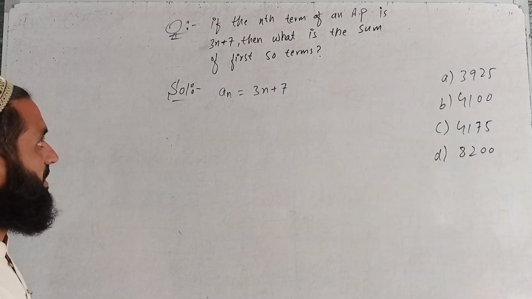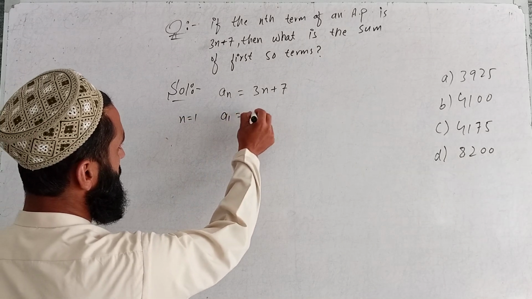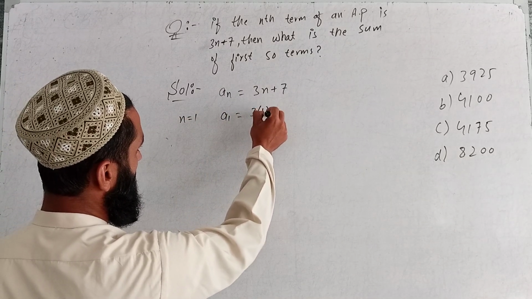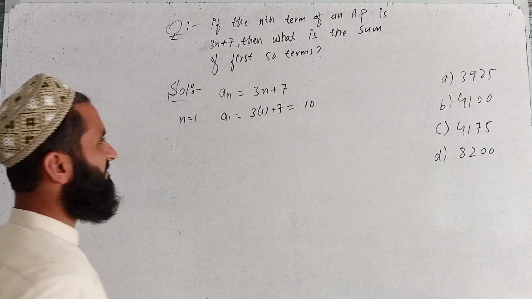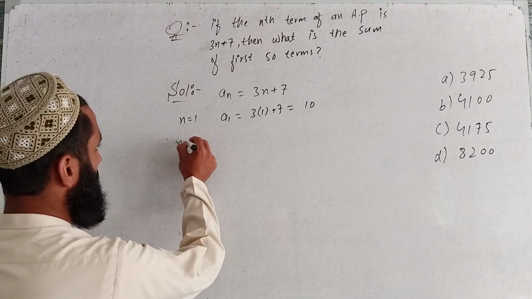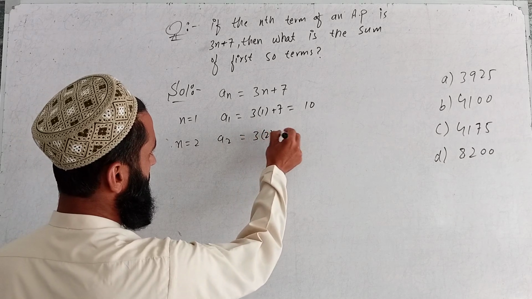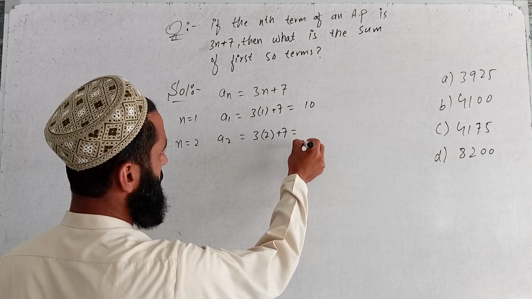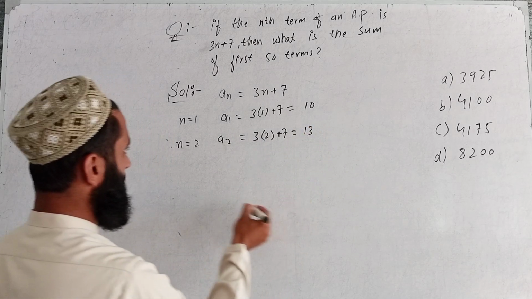So if we put n is equal to 1, a1 equal to 3 multiplied by 1 plus 7 equal to 10. It means that the first term of the given sequence is 10. Similarly, if we put n is equal to 2, a2 equal to 3 times 2 plus 7 equal to 6 plus 7 equal to 13.